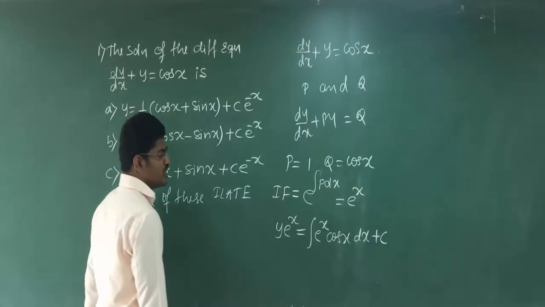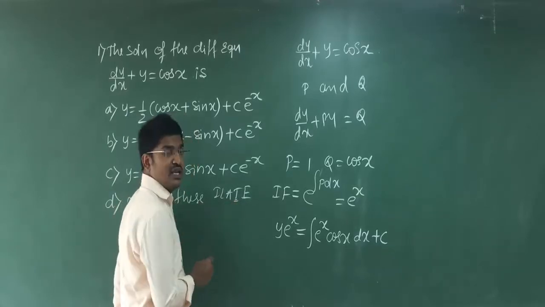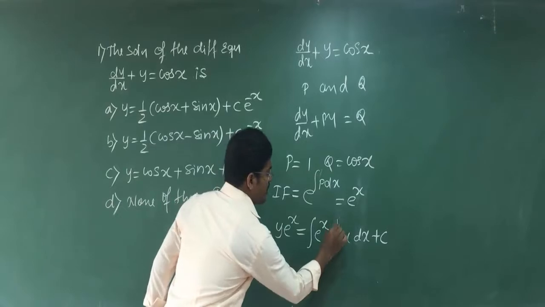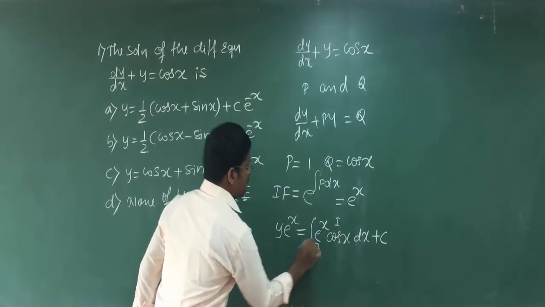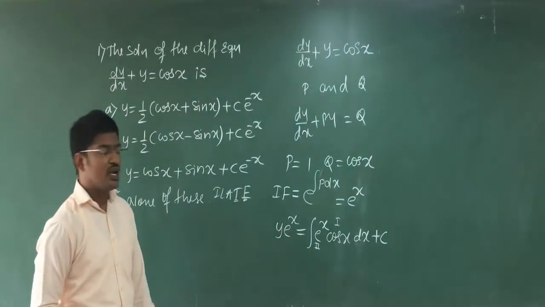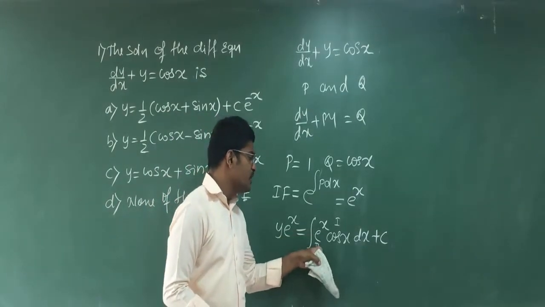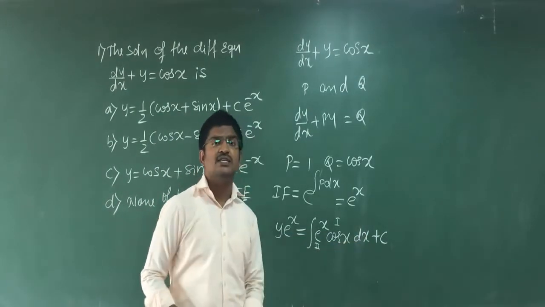So first trigonometric comes, next exponential comes. So here the first function will be cos x, the second function will be e power x.